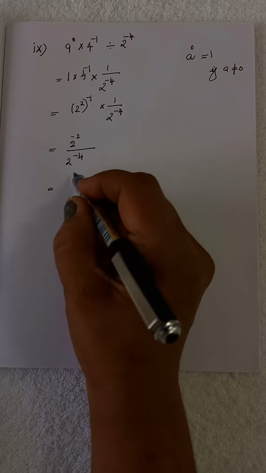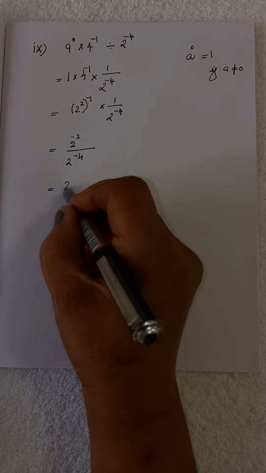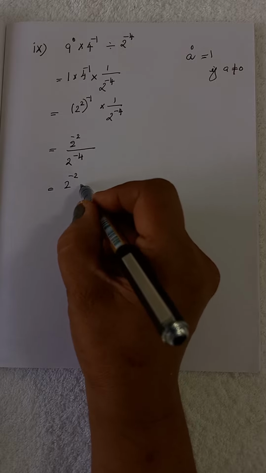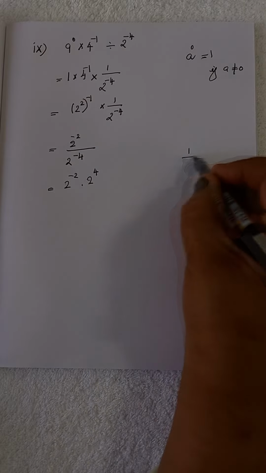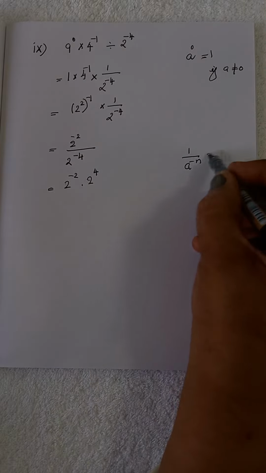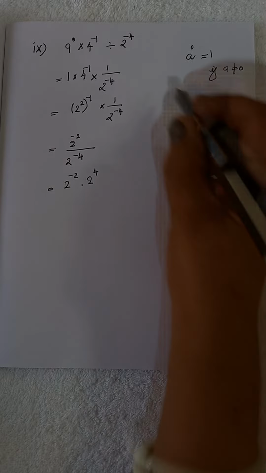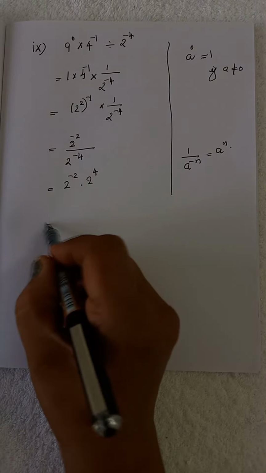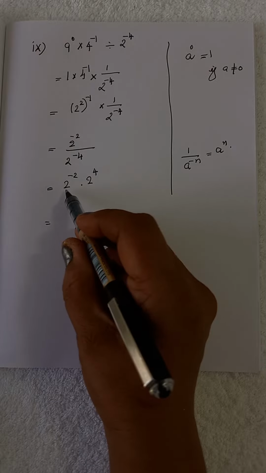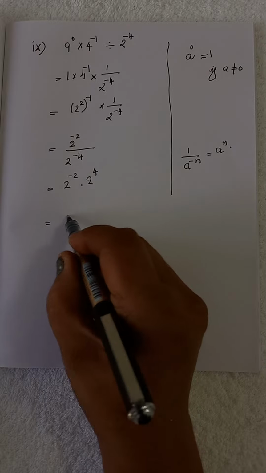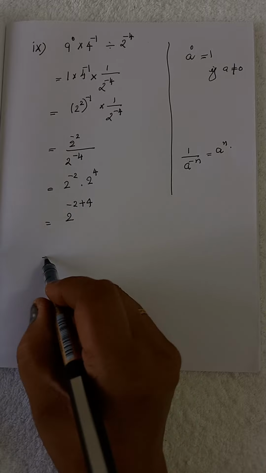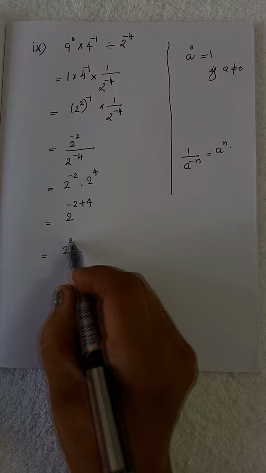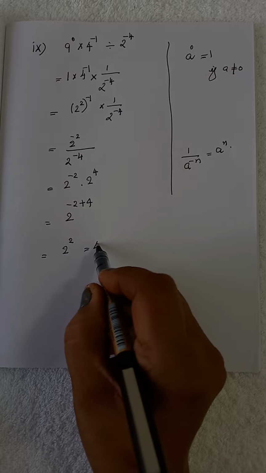So this can be written as 2^(-2) into 2^4, since 1 by a^(-n) is a^n. This is in the form a^m into a^n, so 2^(-2+4). That is equal to 2^2. That is 4.